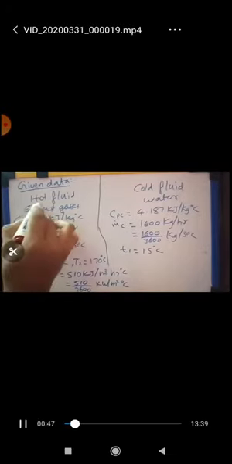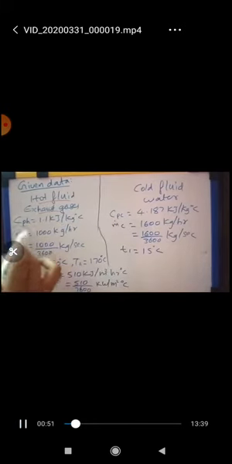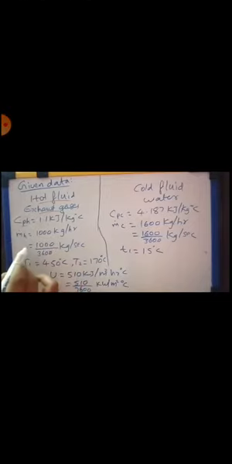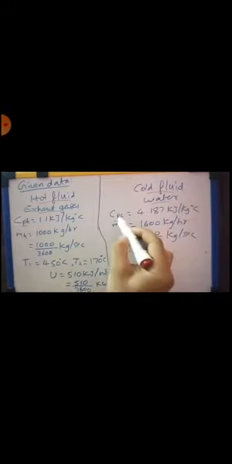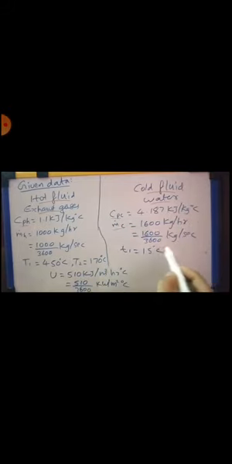Okay, hot fluid: CPH is given, m dot h is given. We have to convert it into kilogram per second. Then T1 and T2 are given. The overall heat transfer coefficient is given. The cold fluid is water; CPC, the specific heat capacity of the cold fluid, is given. The mass flow rate of the cold fluid is given.